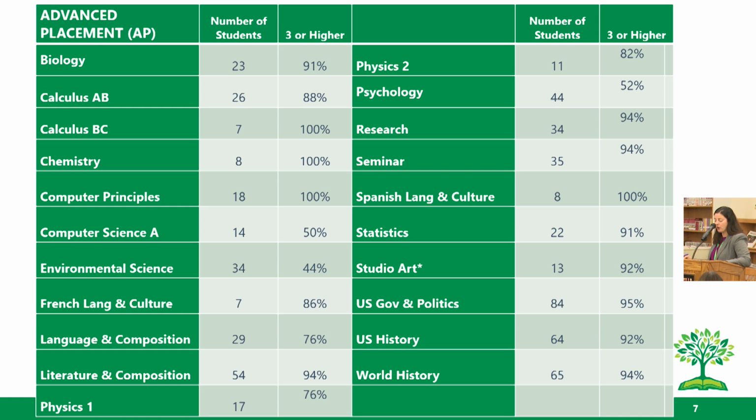So for the most part, our AP, I'll call it proficiency, it's really 3, 4, or 5 levels, outrank national scores on many of these exams. So I'll point out there are a couple of them that don't, and of the 3 that do not, 2 of them are the ones that don't have prerequisites that we encourage our students to try.